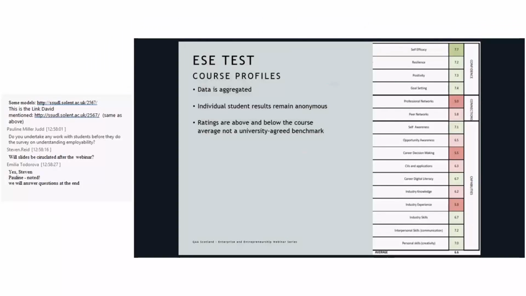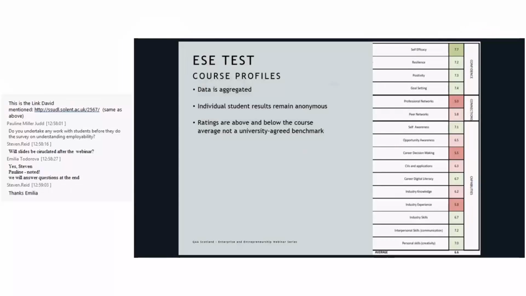So I've been talking about how students go through a process of completing the easy test and then hopefully critiquing the results. Now, there are different ways that this is done. As I said, sometimes academic colleagues will arrange the hire of a room, and students will go and complete the test there, and the programme engagement team from Solent Futures will often come along and facilitate a session.